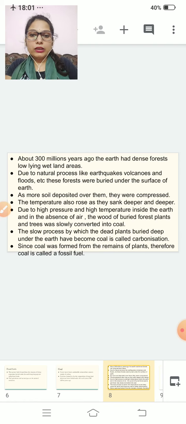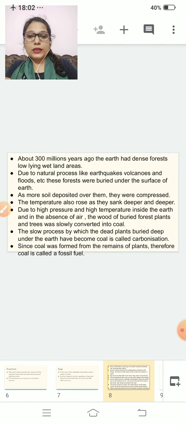About 300 million years ago, the earth had dense forests and low-lying wetland areas. Due to natural processes like earthquakes, volcanoes and floods, these forests were buried under the surface of the earth.